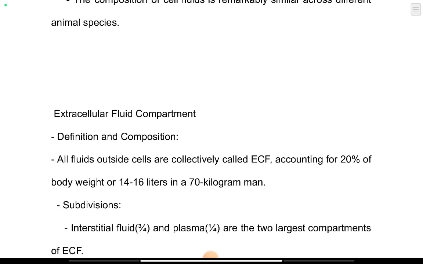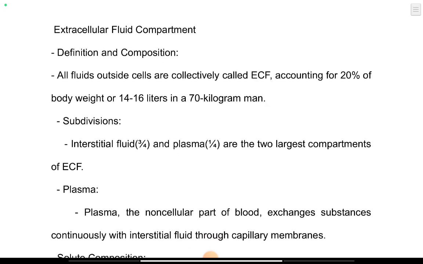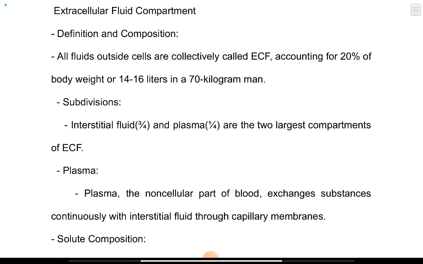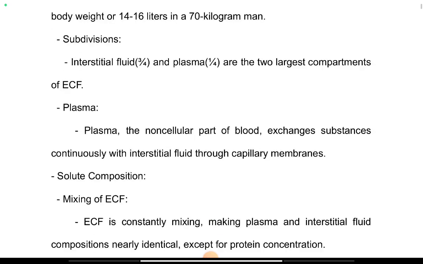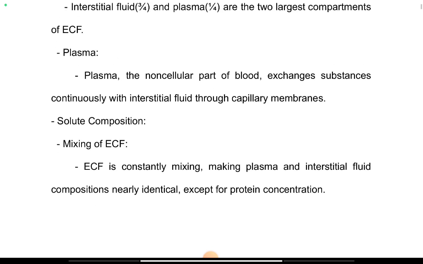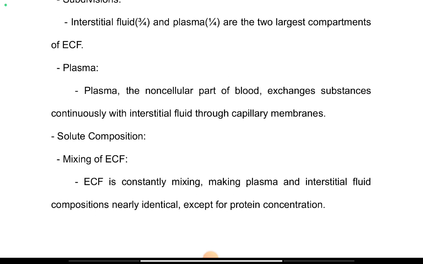Now, all these things have been explained. Extracellular fluid compartment: all fluid outside the cells is known as extracellular fluid, which is further divided into intravascular and extravascular. I told us 3/4 is for interstitial, while the plasma, which is intravascular, is about 1/4. The plasma is the non-cellular part.